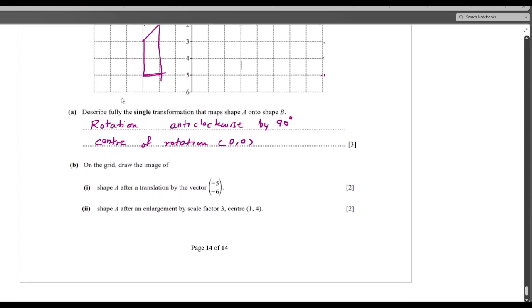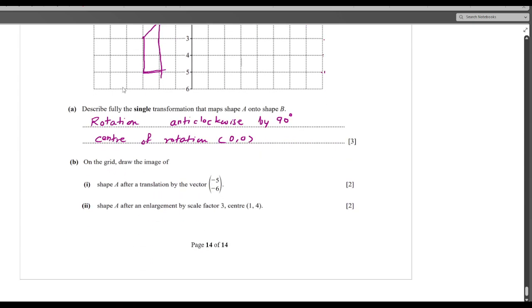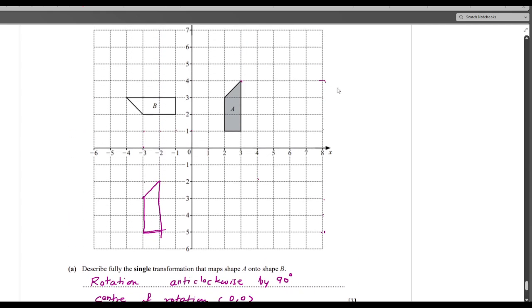Now what is given? Shape A after enlargement by scale factor 3, and the center is 1, 4. Okay, your center is 1 comma 4. I was taking 0 comma 4, but it is 1 comma 4. So this is your center of enlargement. From here if you extend like this, and if you extend this point, then you will go like this, you will go like this.